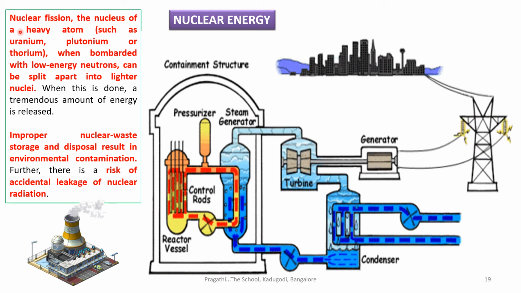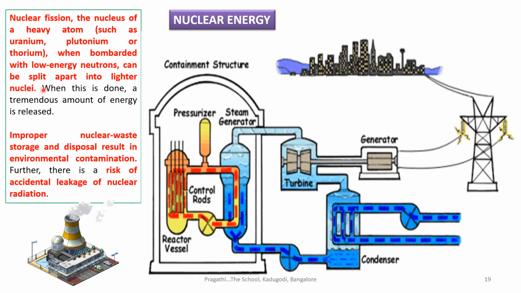The nucleus of a heavy atom such as uranium, plutonium or thorium, when bombarded, that means hit, with low energy neutrons, can split apart into lighter nuclei. That means it is separating the nuclei.